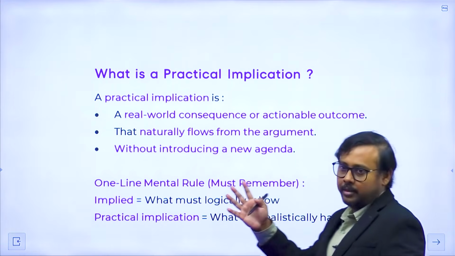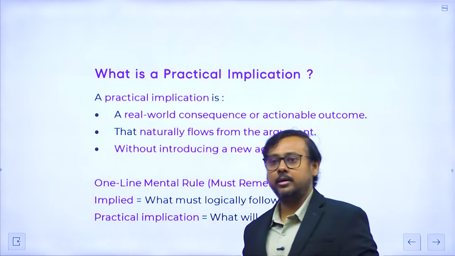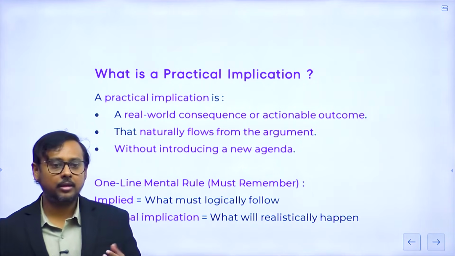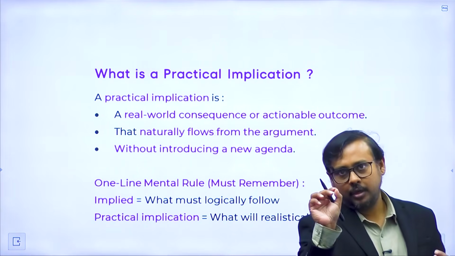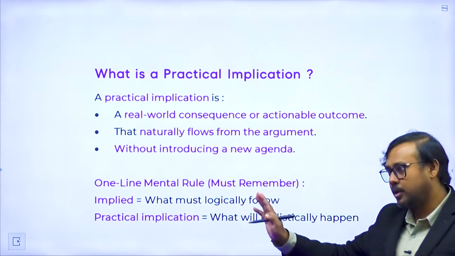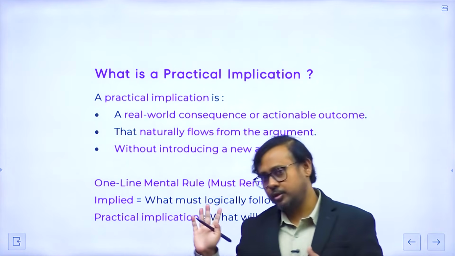In case of practical implication, what is the hint? The options will always be action oriented. अगर 4 options में से 3 options action oriented नहीं हैं, if it is finality, if it is critical, you just close your eyes and remove those options.